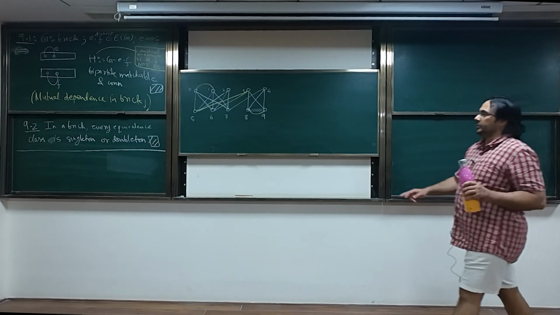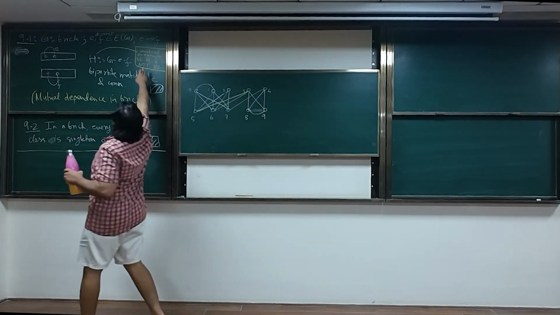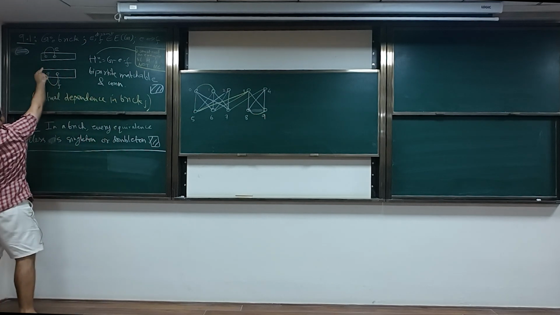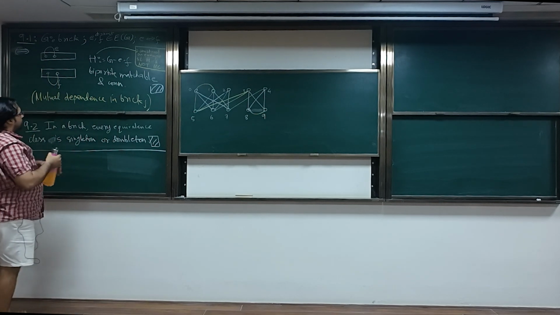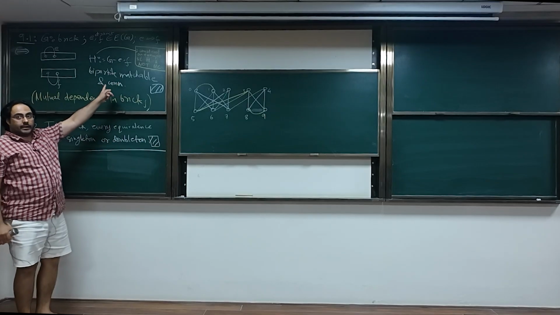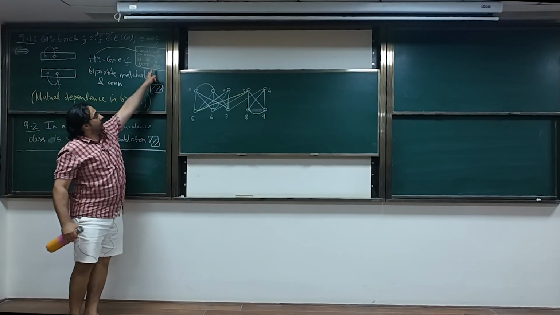So here the example should be a brick with 2 mutually dependent edges. When you delete the 2 edges, you will get a bipartite matchable connected graph. What I want is, it should not be matching covered.